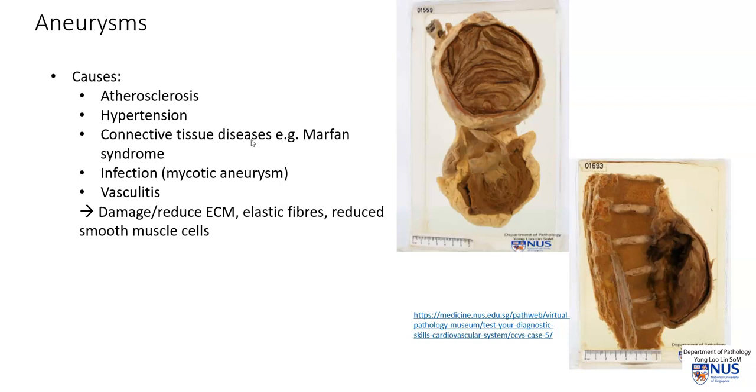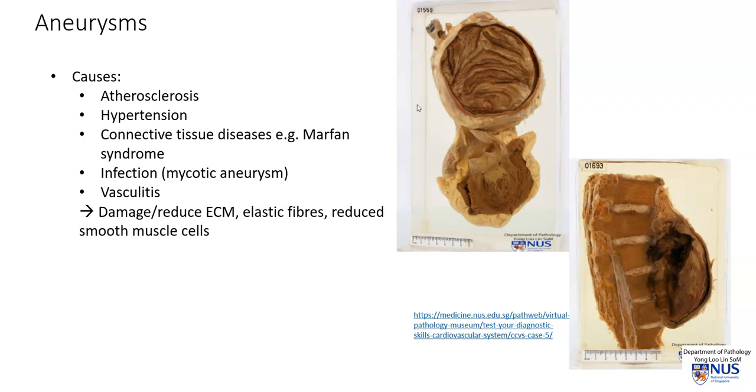example, connective tissue diseases like Marfan syndrome, infections as well, which are known as mycotic aneurysms, and the infectious agents can be in the bloodstream. Once they involve the vessel wall, they damage the wall and weaken it, predisposing it to aneurysm formation.